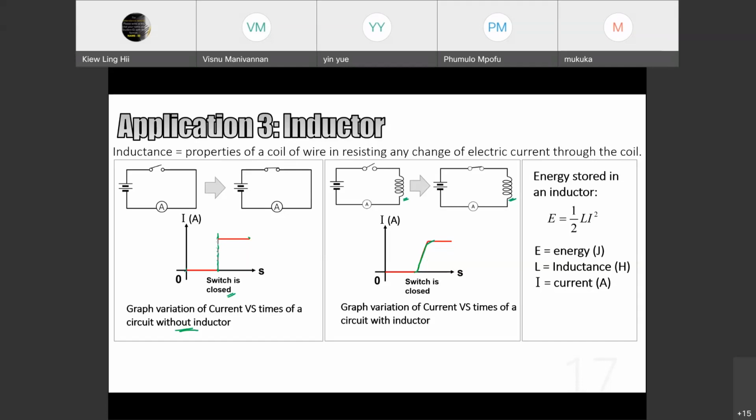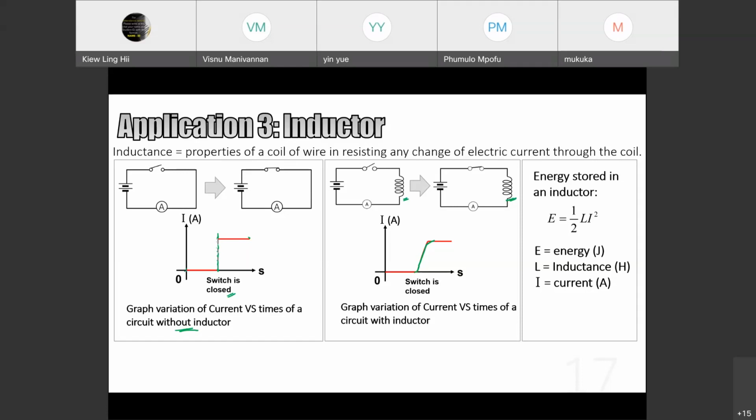The moment you turn on the screen, it won't come out to its full brightness immediately. It takes some time, and slowly it goes brighter and brighter. Why? Because of the inductor doing something inside.